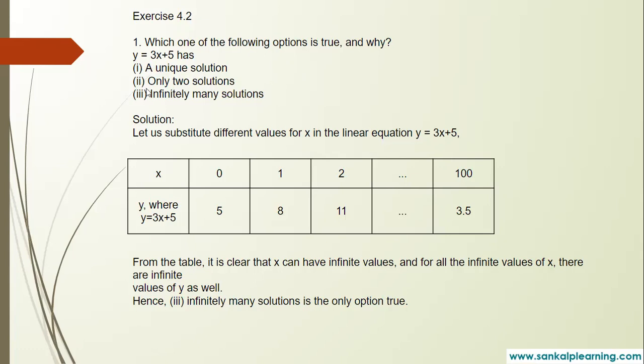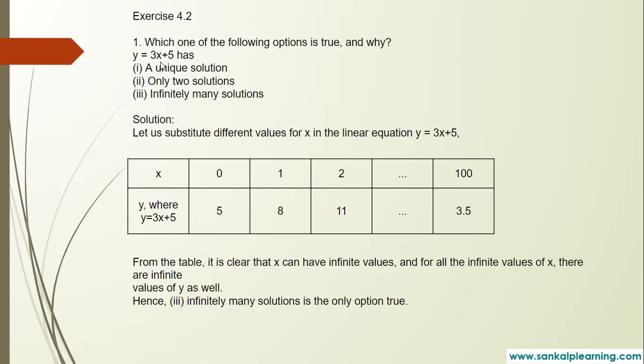A unique solution, only two solutions, infinitely many solutions. Here, if you see the equation, how many variables are here? There are two variables. While explaining the linear equation in two variables, I told you it has infinite number of solutions, right?